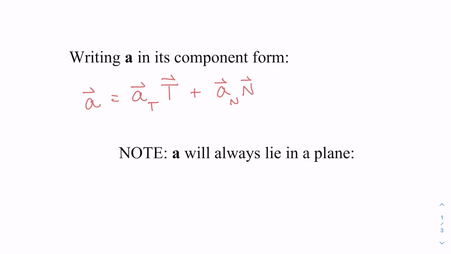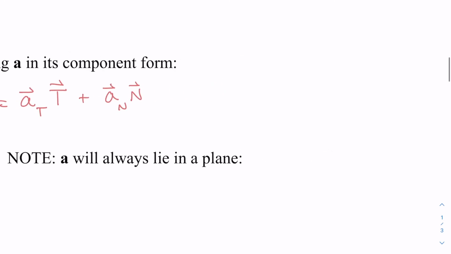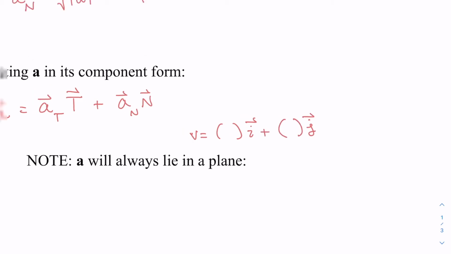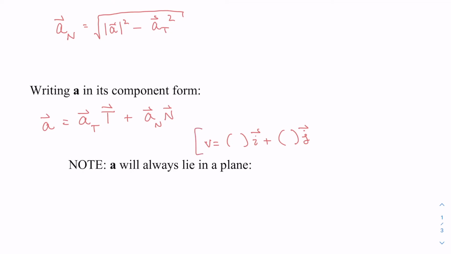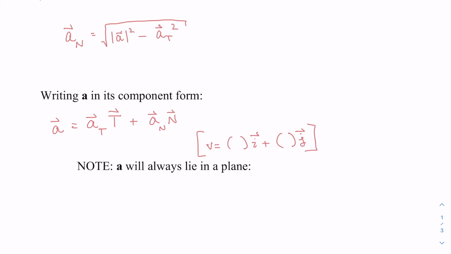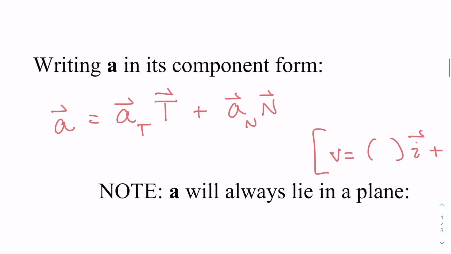And that's kind of the same form that we usually write vectors in. Some vector might be equal to some magnitude in the i direction plus some magnitude in the j direction. But in this case, instead of using that global coordinate system with i and j, we're using a local coordinate system where our i hats and our j hats become the unit tangent vector and the unit normal vector with some magnitude attached to it, the amount in each direction.